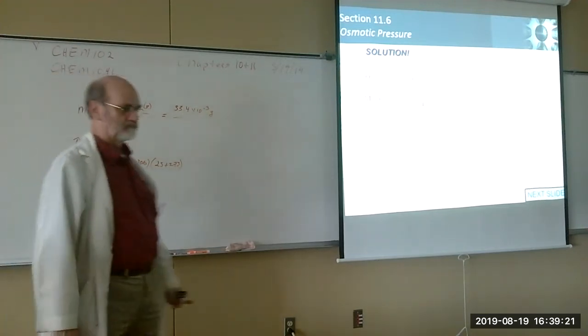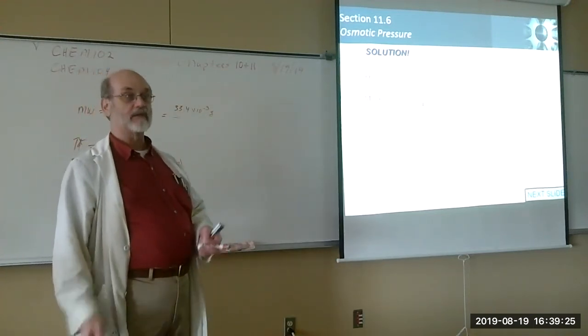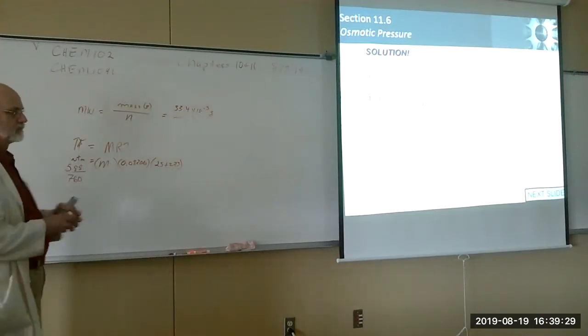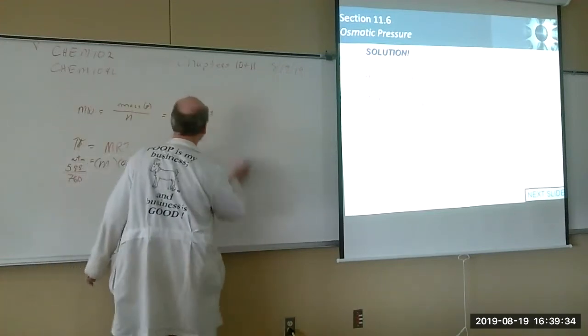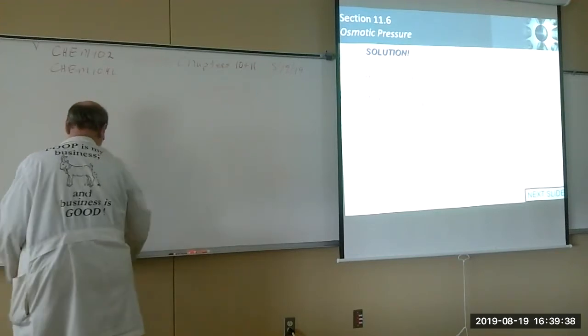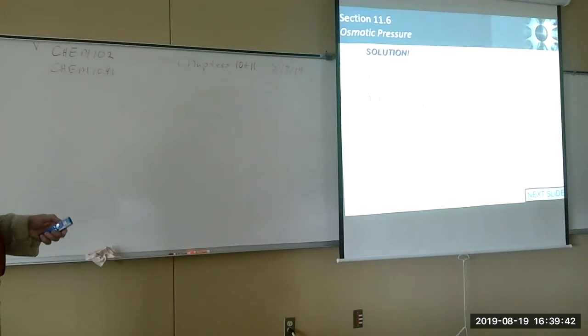Freezing point depression, boiling point elevation, those are two other ways of doing it. They're not the only ways, but good enough for students, right? Okay, so those are colligative properties and how to use them.